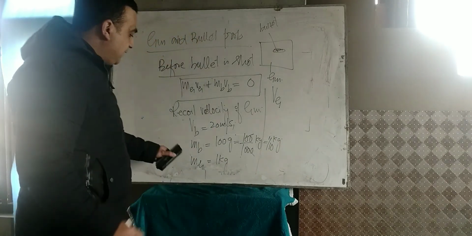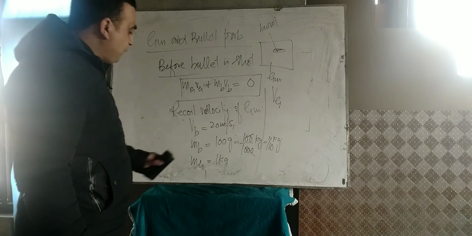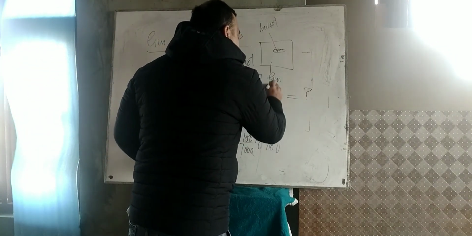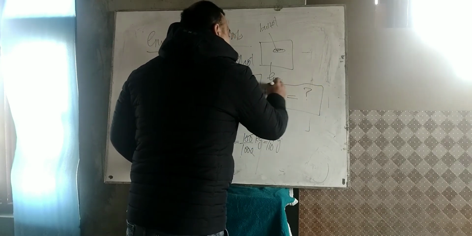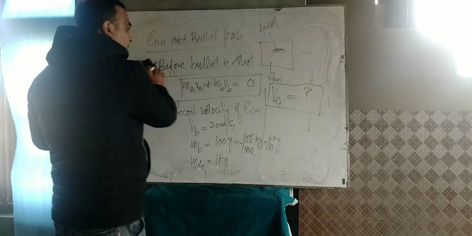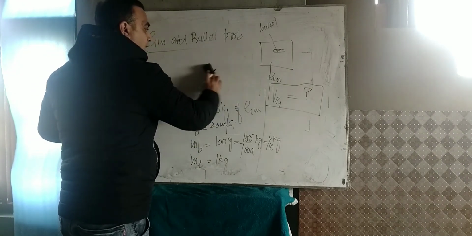And the mass of the gun is 1 kilogram. What we are supposed to calculate is the velocity with which the gun will move, and what will be the direction of that velocity.